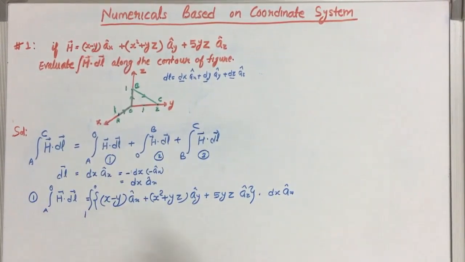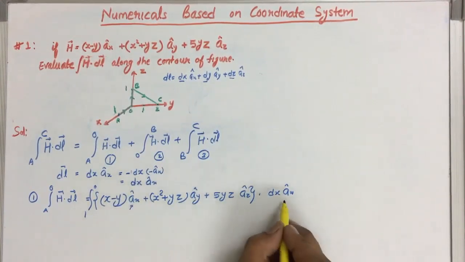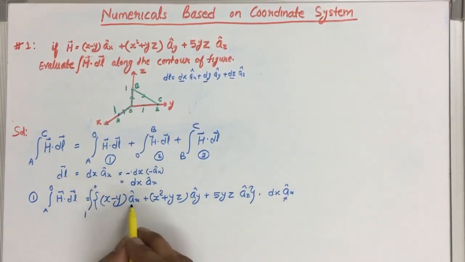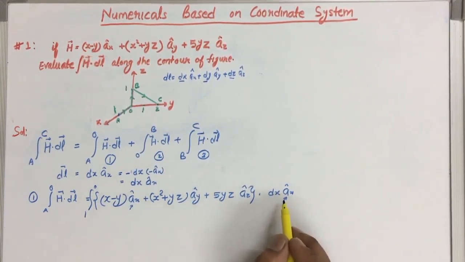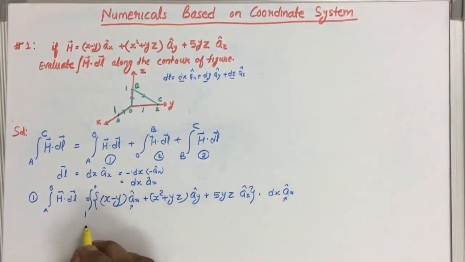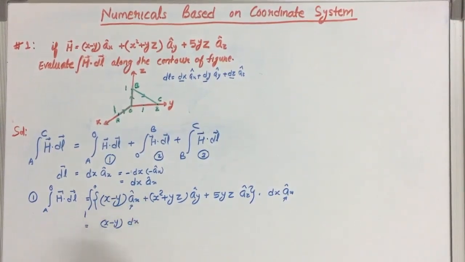Okay, so now do the dot product of the two vector quantities. This is ax and this is ax, both in the same direction, so the dot product will give you (x minus y) into dx.